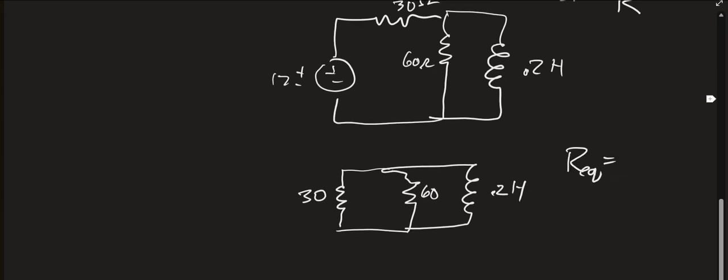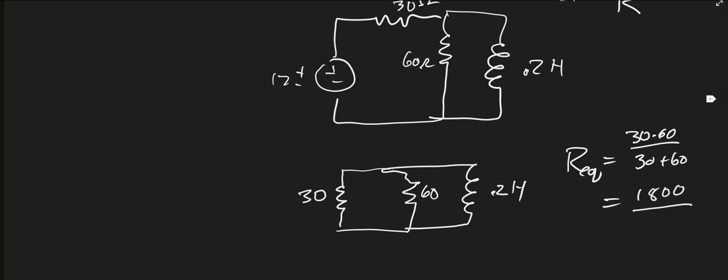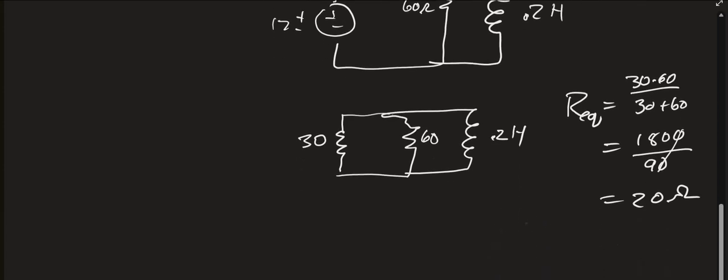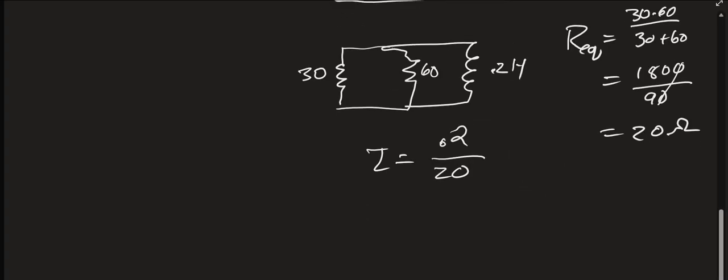So our equivalent is 30 times 60 over 30 plus 60, or 1800 over 90, or 20 ohms. So our time constant is 0.2 over 20.